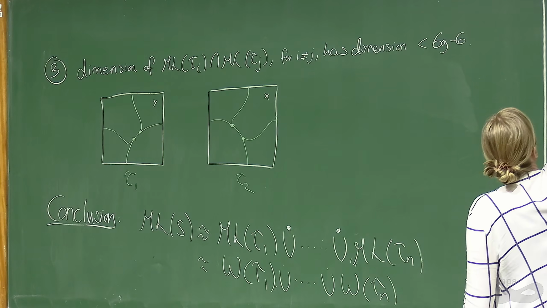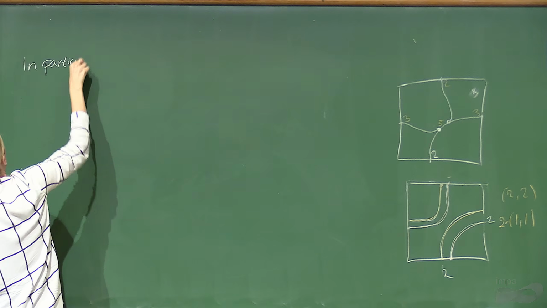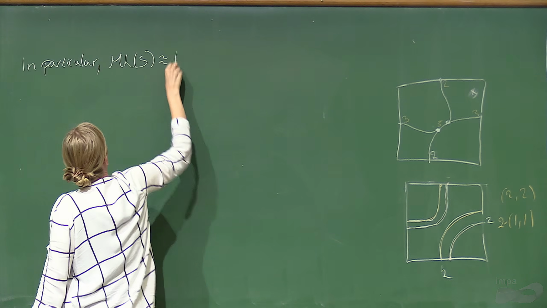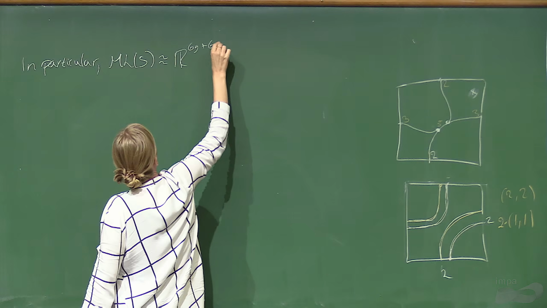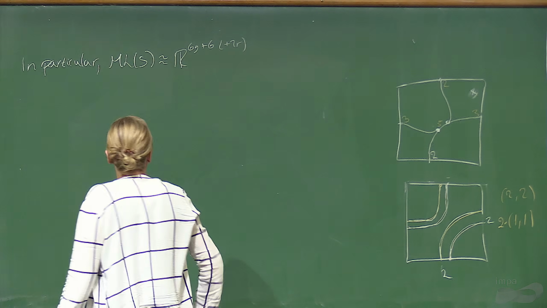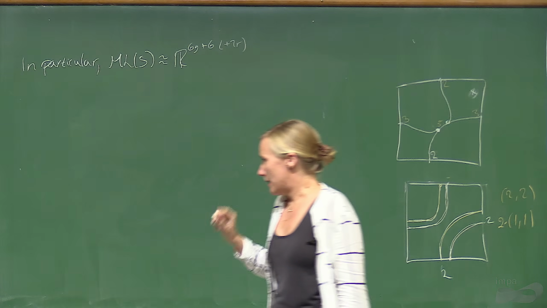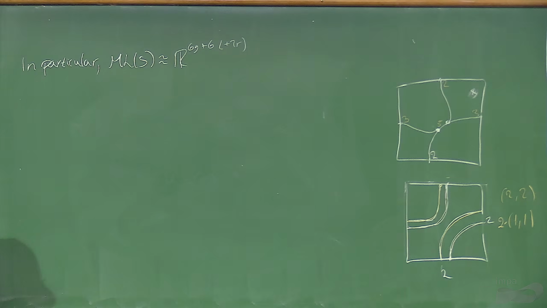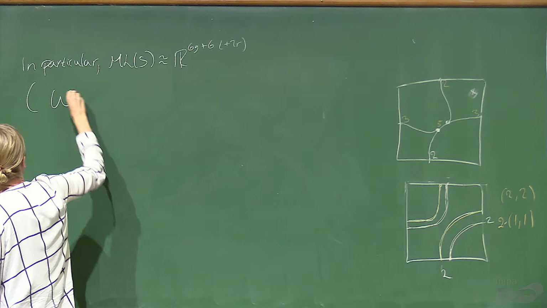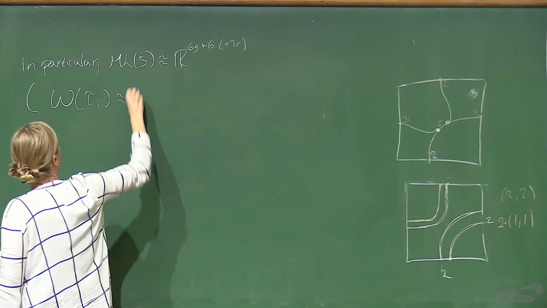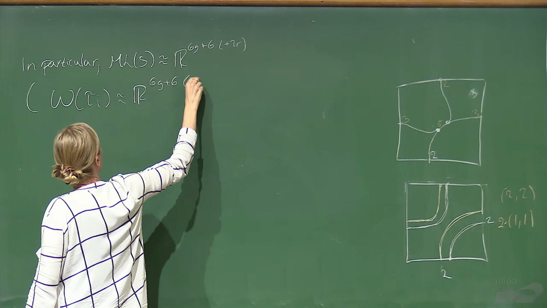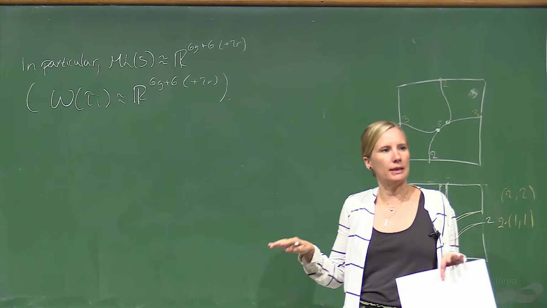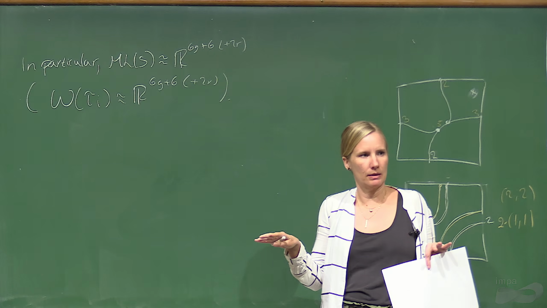So in particular, which is a lesser important part of what I'm saying now, this is homeomorphic to R to the 60 minus 6, or plus 2r, where r is the number of punctures. But thinking of it that way, each one of these, so I have these charts of ML given by the finite number of train tracks. Okay.